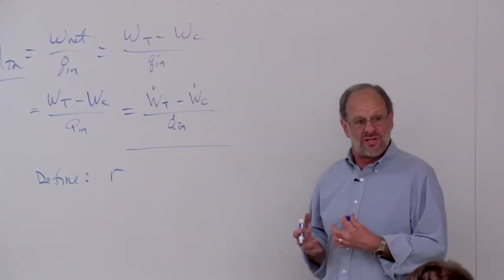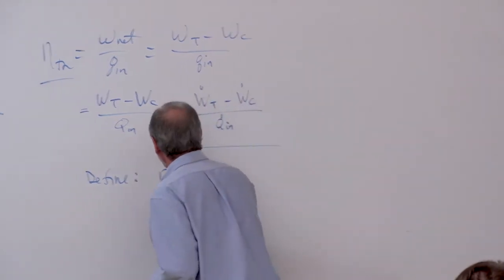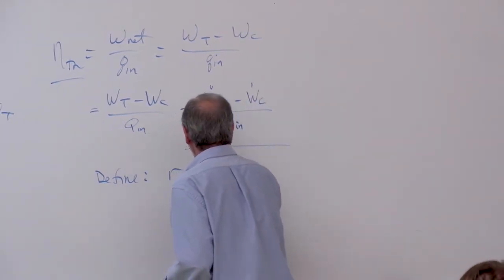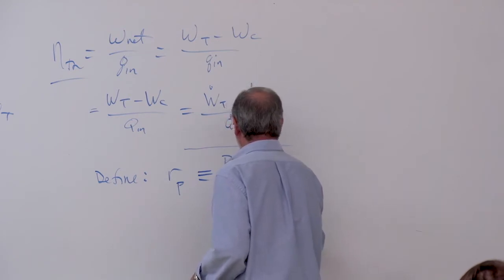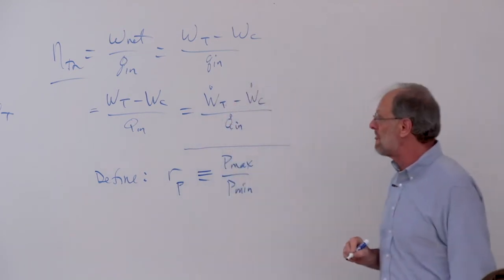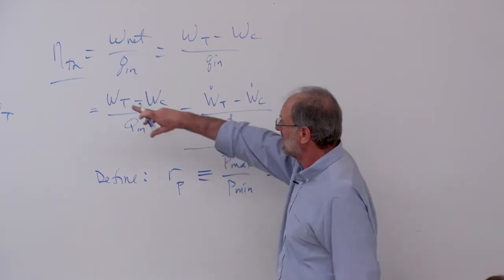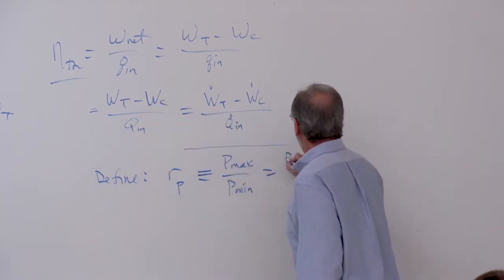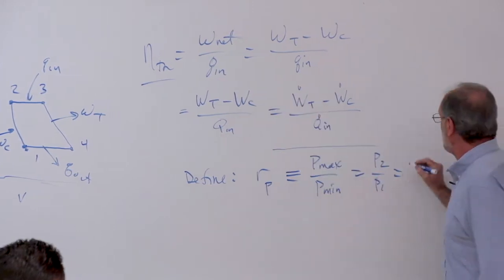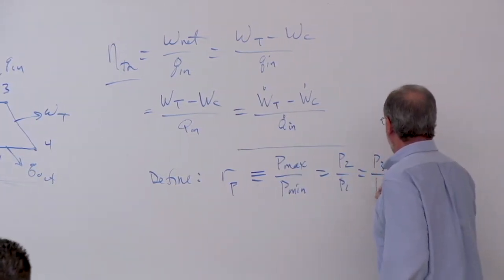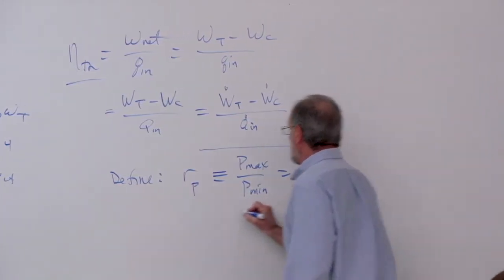So that pressure ratio is important to us. It's something we'll use all the time. So we'll just define R_P as the maximum cycle pressure over the minimum cycle pressure. And you can see that that's either going to be P2 over P1, or it's going to equal P3 over P4. Okay, but this is a pressure ratio.